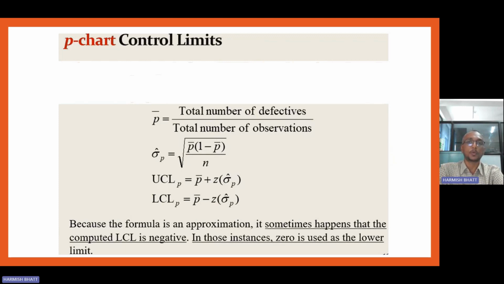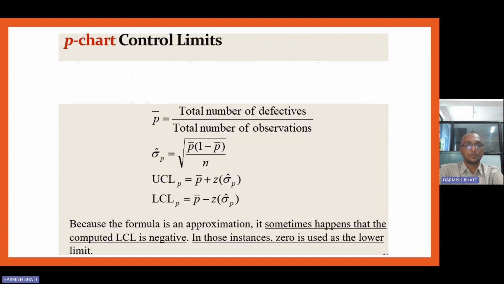We can conclude that the process requires some corrective steps. The same methodology is applied here. To prepare the P chart, we first identify the UCL and LCL, plot them on the chart, then plot different data points on that chart, and on the basis of that chart, we decide whether the process is under control or not.